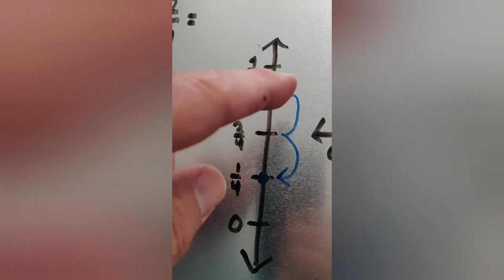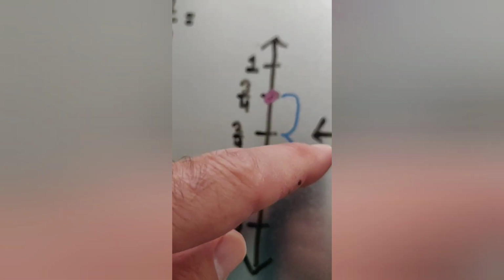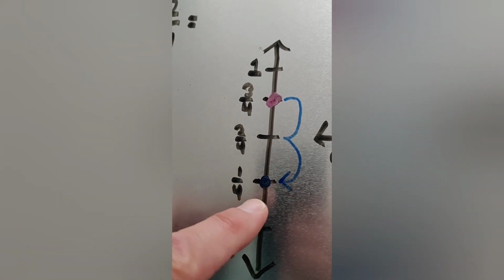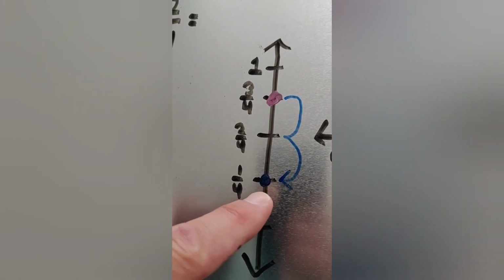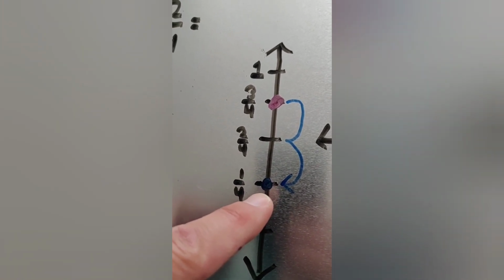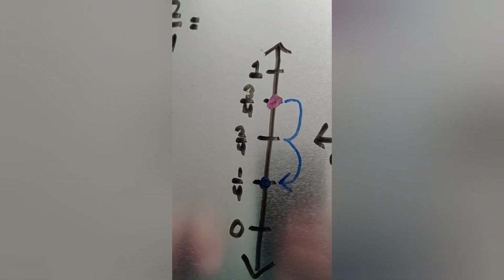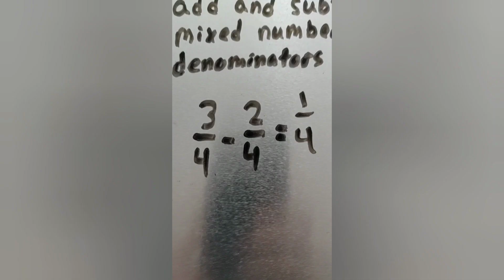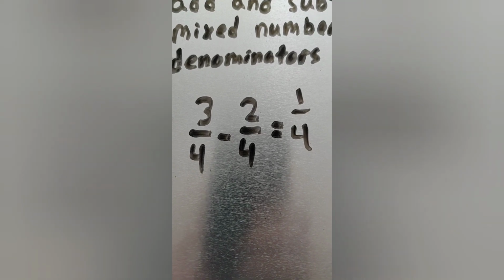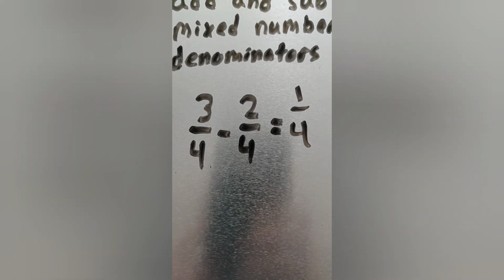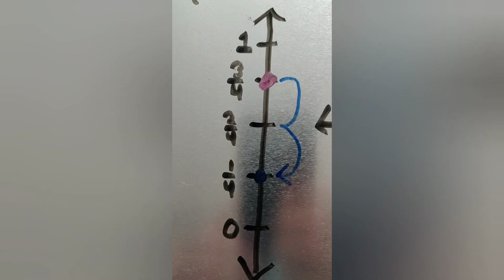So in other words, we decreased 1/4, 2/4, and we ended up with 1/4, which is the difference, or the answer, in this problem. So 3/4 minus 2/4 equals 1/4.